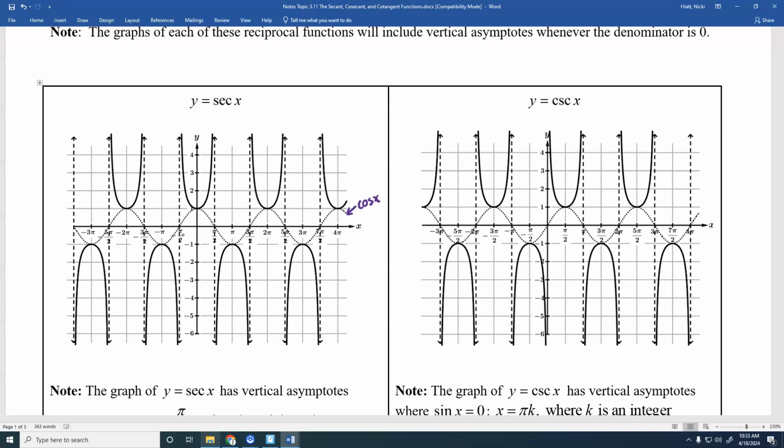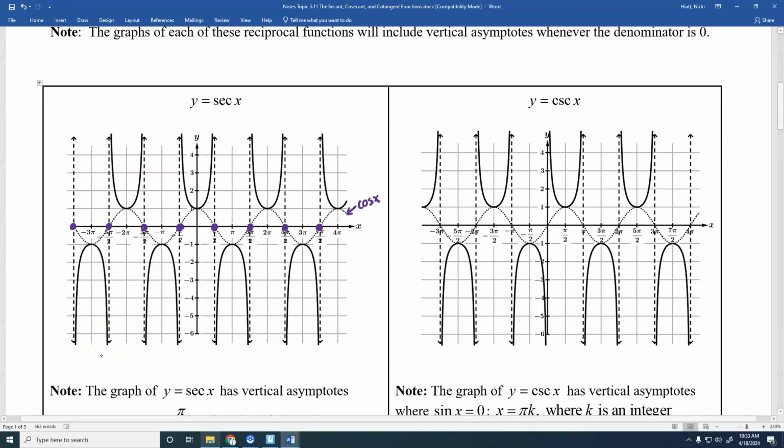Every time cosine equals 0, what do you see happening on your graph? Every time cosine has an x-intercept, you have a vertical asymptote. Think about that, because every time cosine equals 0, 1 over cosine is undefined. So every time cosine equals 0, you've got a vertical asymptote.